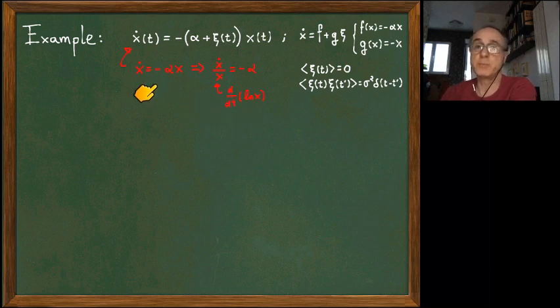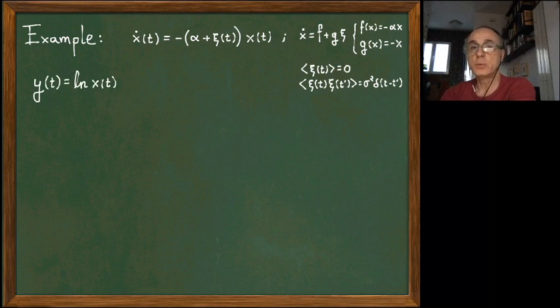So let's try to repeat this using the Ito calculus. So the idea is to consider this new variable and change the variable in this equation using this one. So we do it using, of course, Ito's lemma, because this equation is interpreted as Ito. So we have to do this.